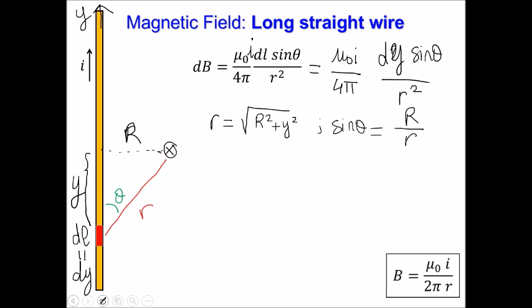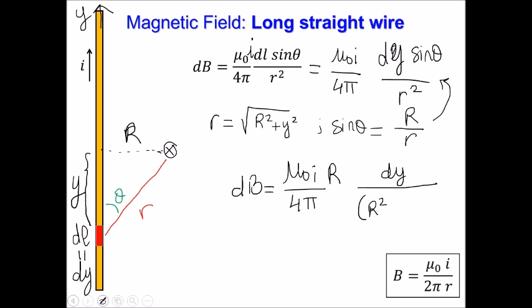So you plug this into this equation and you get dB equal to mu 0 I over 4 pi, and we will have R dy over R squared plus y squared to the power 3/2. That's basically small r cubed.